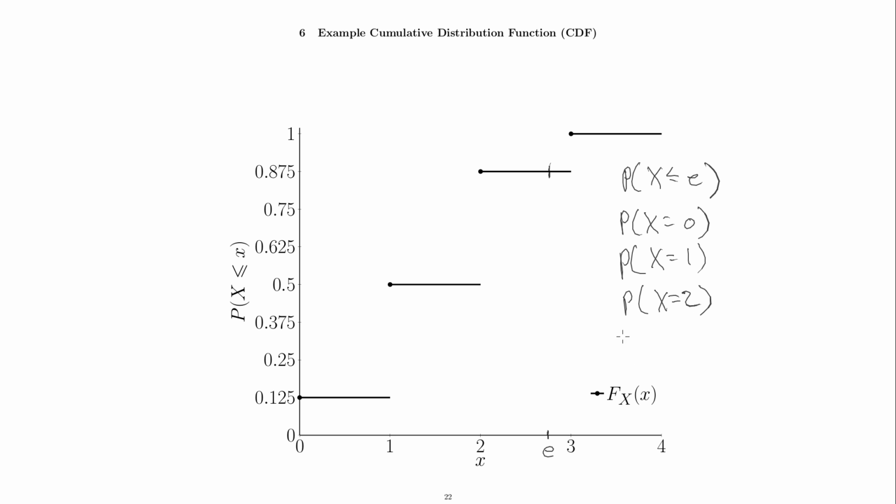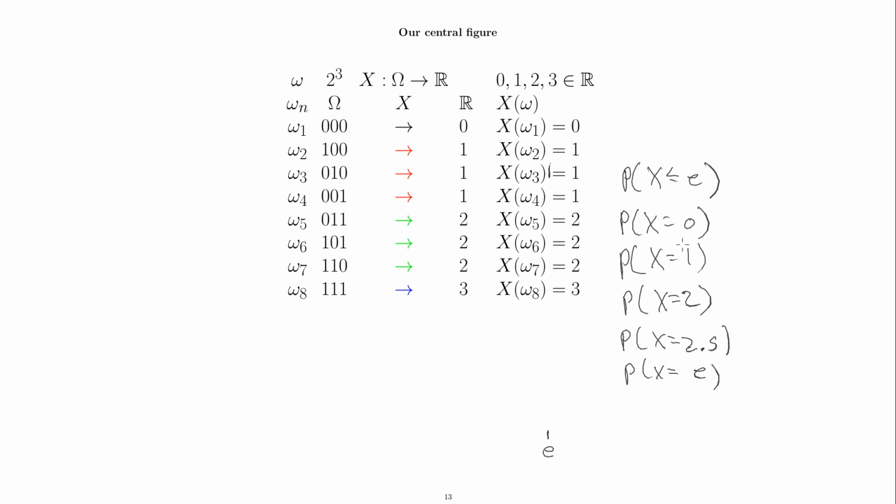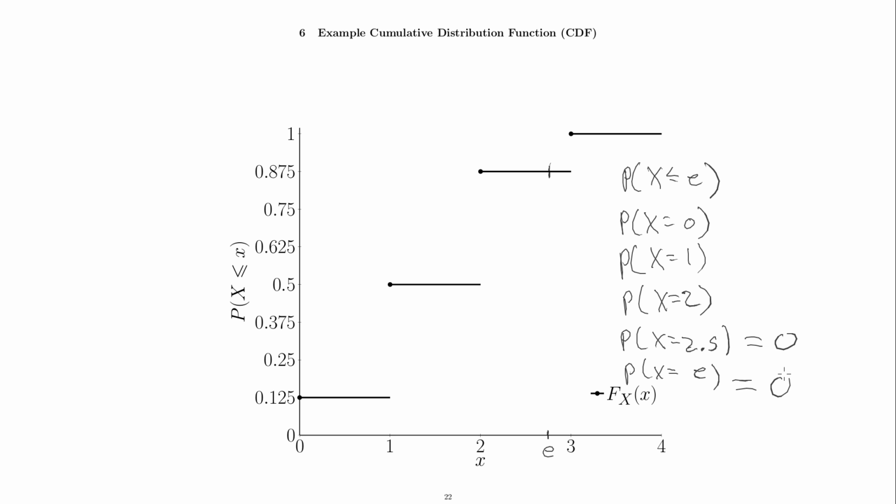And if we wanted to, we could do the probability that X is equal to 2.5, the probability that X is equal to E. And the thing is that because of the structure of X, this is equal to 0, and this is equal to 0. And these are the only ones that have any value. So this is equal to 1/3, this is equal to 1/8, this is equal to 3/8, and this is also equal to 3/8.